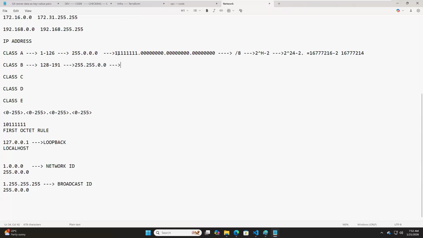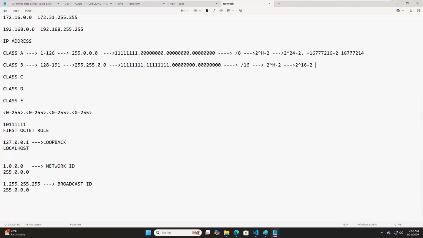So how many network bits are there in the subnet mask? 16. So the slash value becomes /16. The total number of usable devices in this network is 2 power h minus 2, so 2 power 16 minus 2.